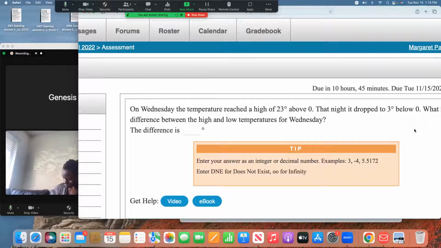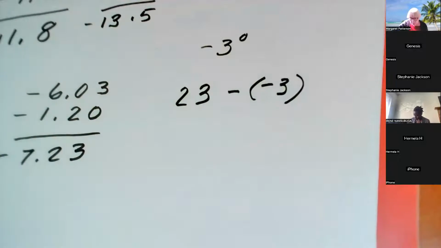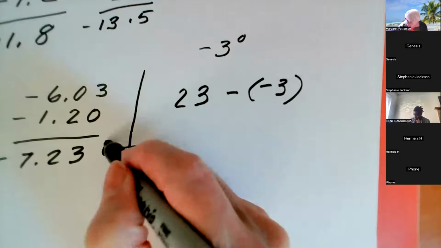So you might, technically this is a subtract. So it's actually 23 subtract -3. And I'm going to quickly go to paper. So it's this one. So here's zero.